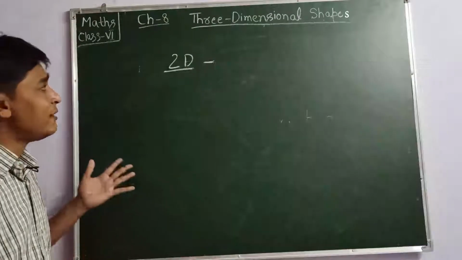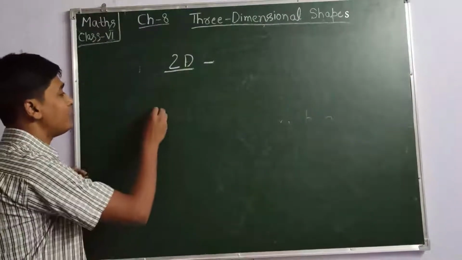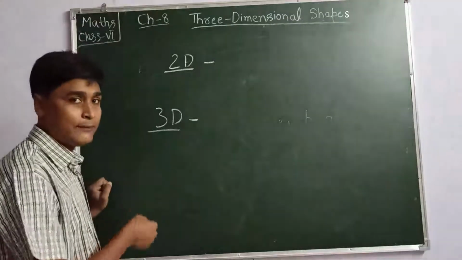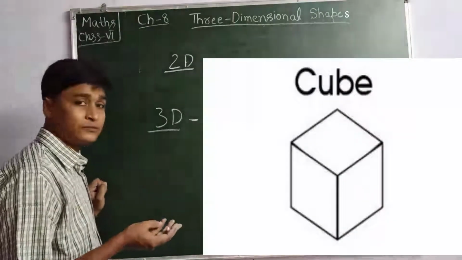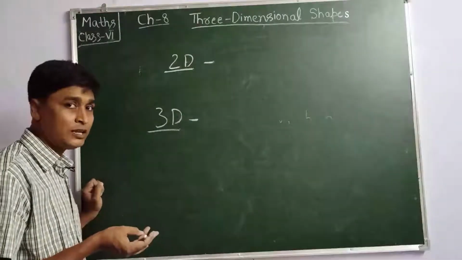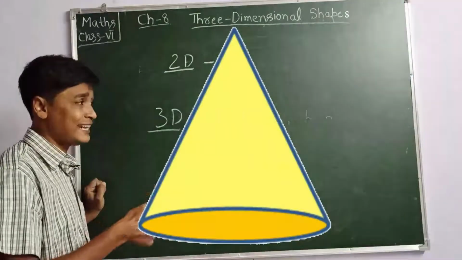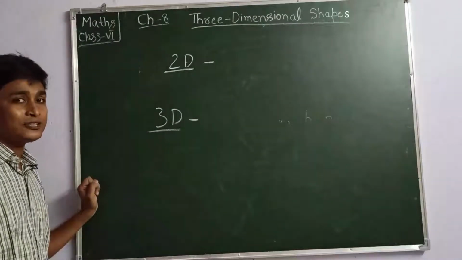So these are examples of 2D, or 2-dimensional. And examples of 3D, 3-dimensional shapes are cube, cuboid, prism, pyramids, spheres, cone, cylinder.